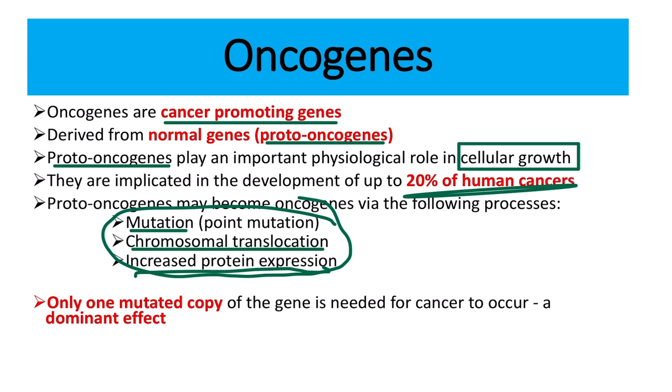Only one mutated copy of the gene is needed for cancer to occur, a dominant effect. So in the dominant condition, one allele or one copy is enough. But in the recessive condition, two mutated genes are required for development of the cancer.